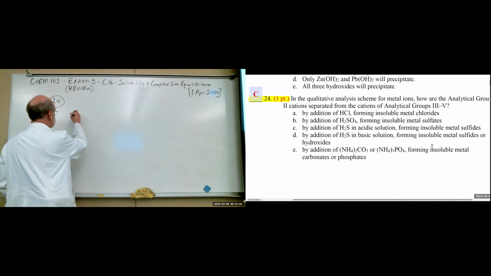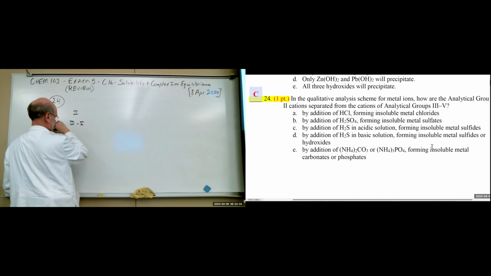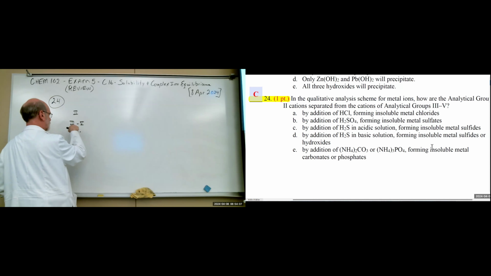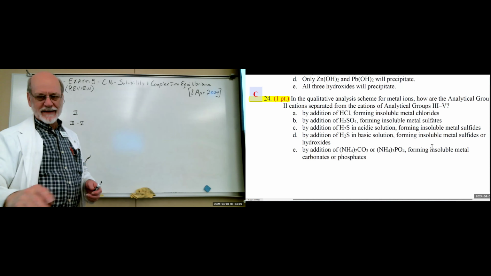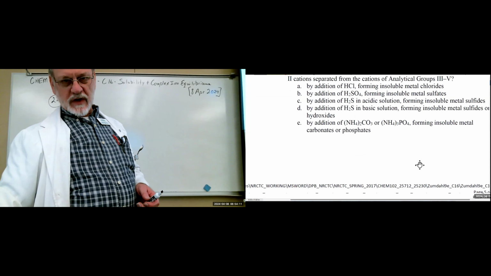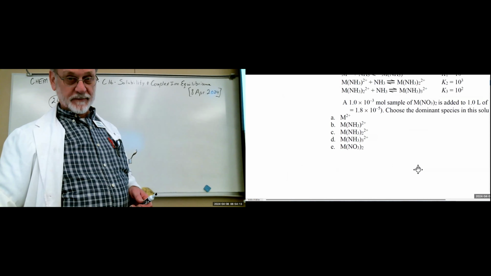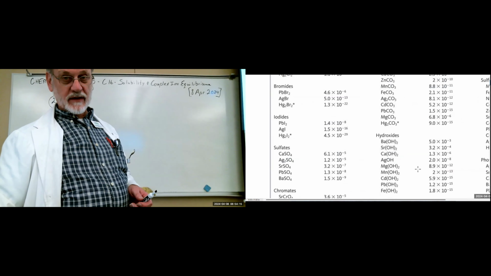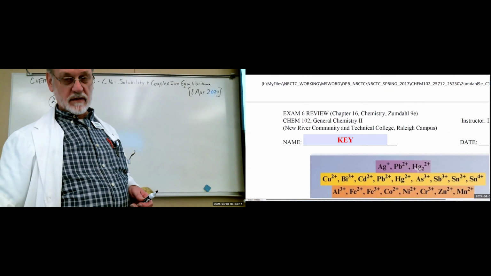We want group 2 separated from 3 through 5. How do we separate this one from those? Okay. So you got a chart, excuse me, a schematic down here, I think. Yeah, here it is.